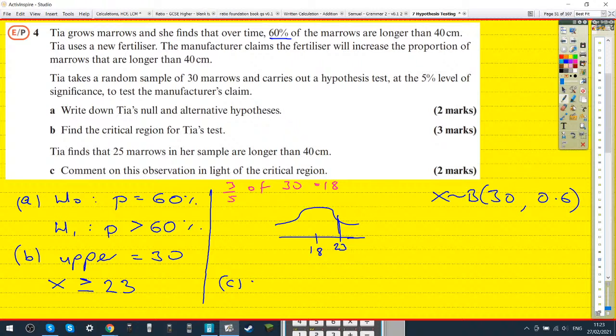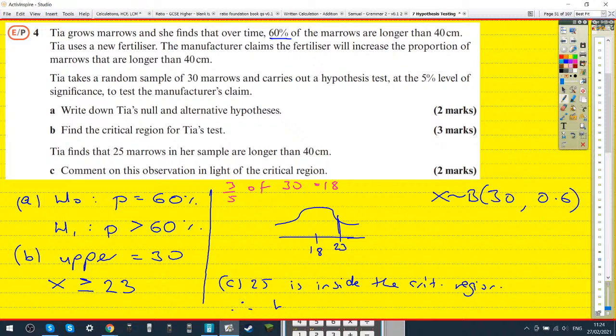Correct. 25 is inside the critical region. Therefore, the fertilizer worked. And so which is it, H0 or H1?